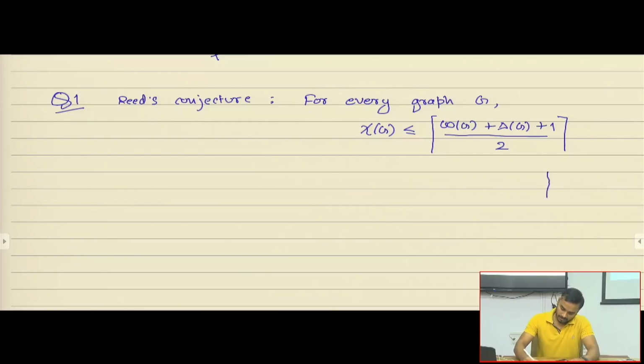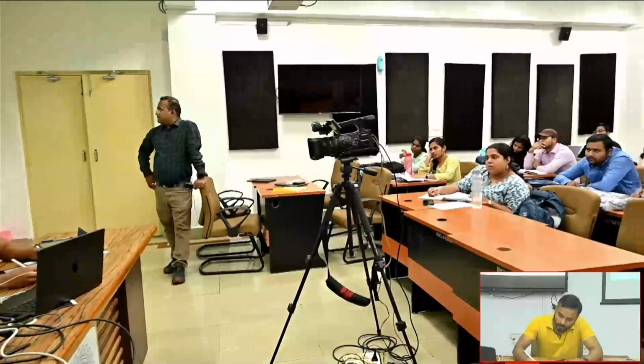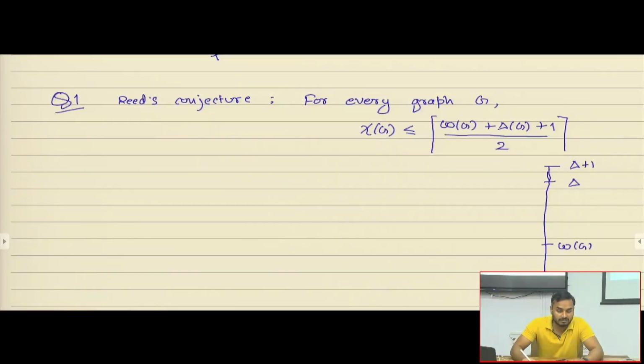Let me introduce the Reed's conjecture more clearly. So, suppose this is your clique number omega G. We know the upper bound delta plus 1, that's a trivial upper bound by the greedy coloring approach, and we can improve it to delta if delta is at least 5 and the chromatic number is below delta.